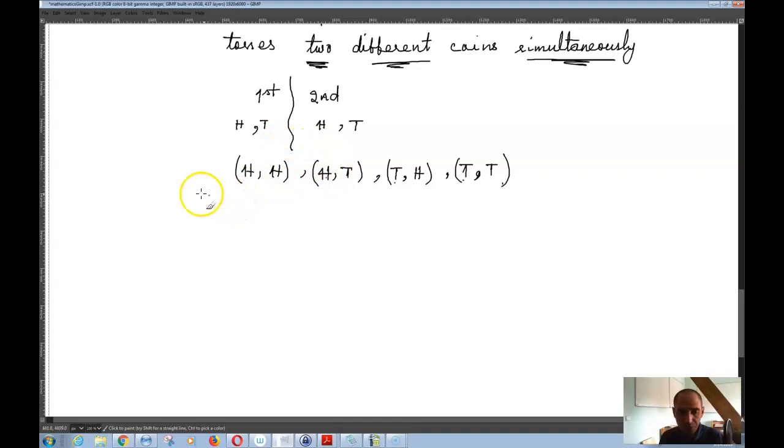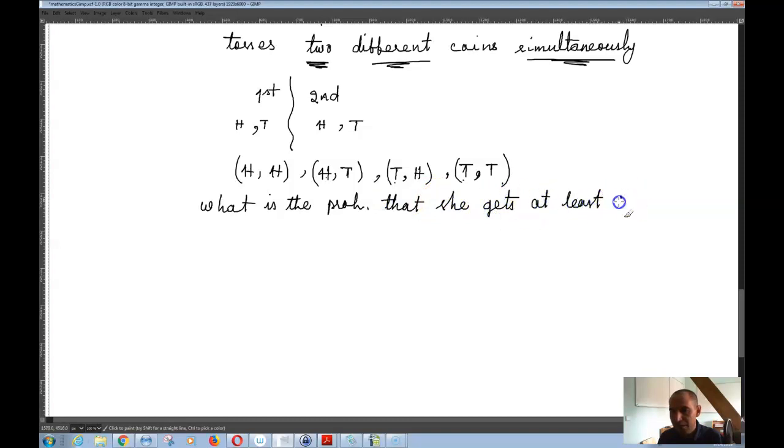Now, what is the probability that she gets at least one head? At least one head means that you get one head, but you could get more than one head.